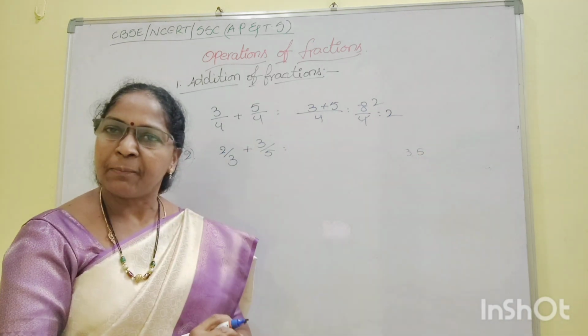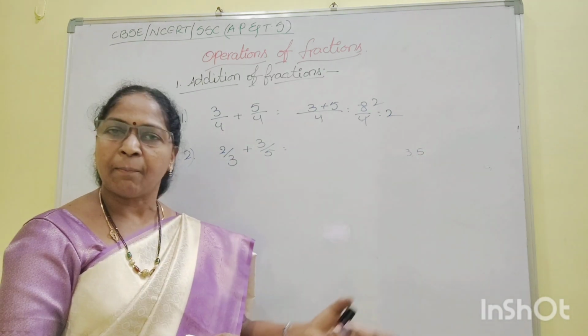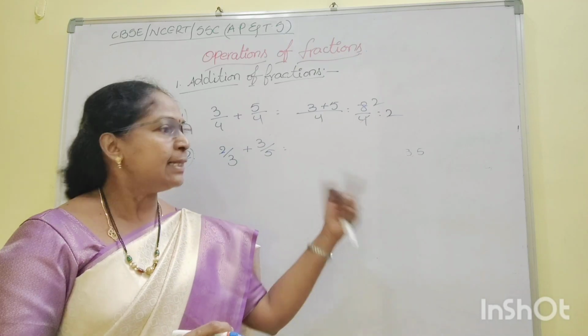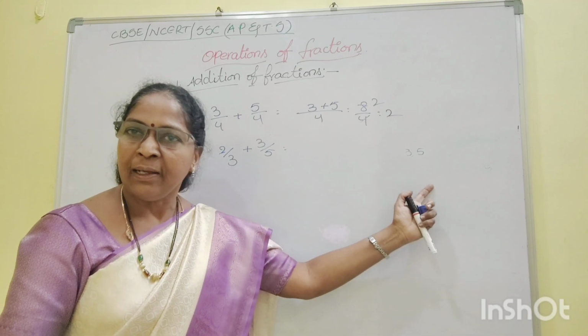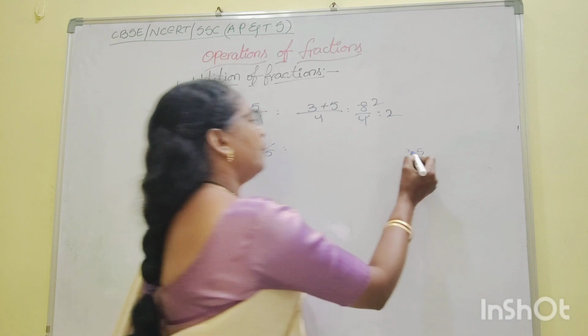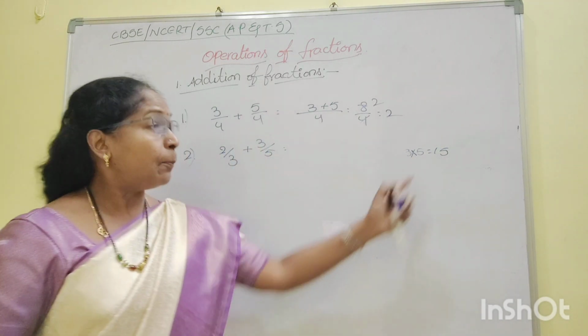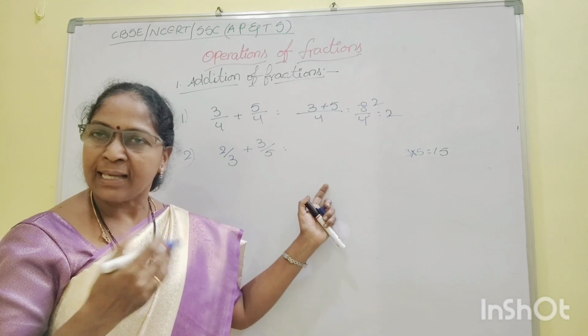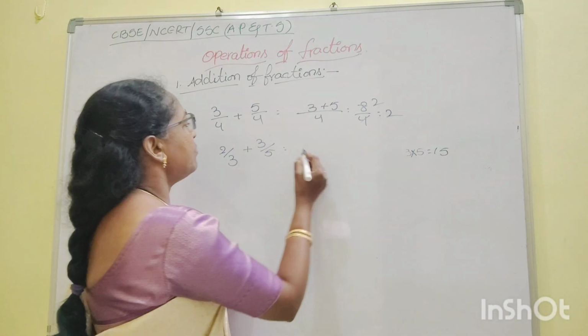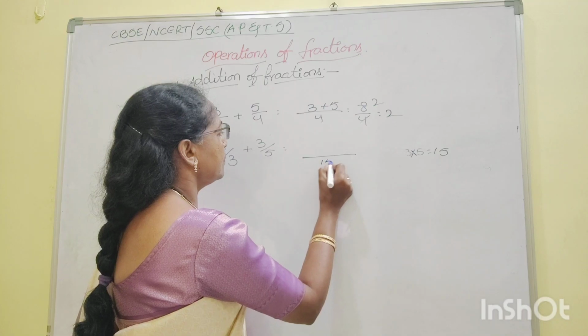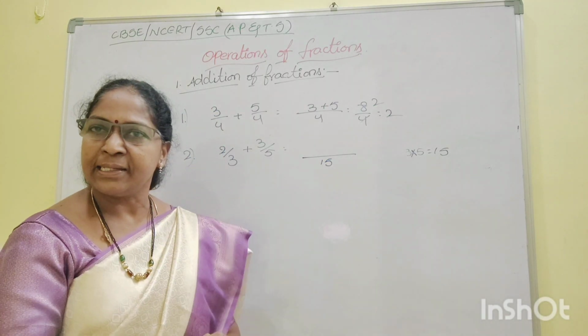Whenever prime numbers are given, no other number divides both. So you have to multiply these two numbers, and that product you consider as the LCM. 3 fives are 15, so 15 is the LCM value.